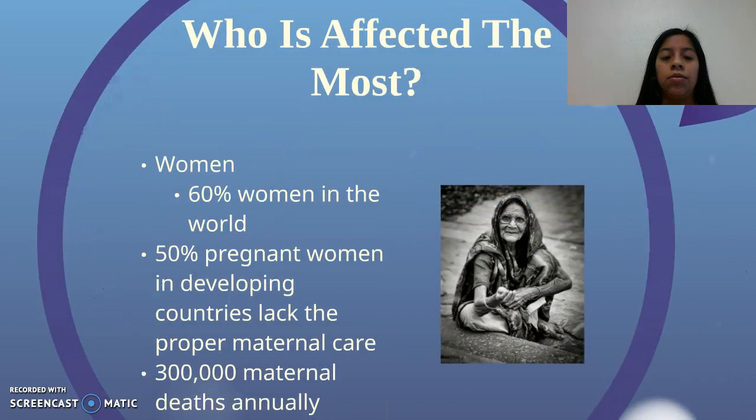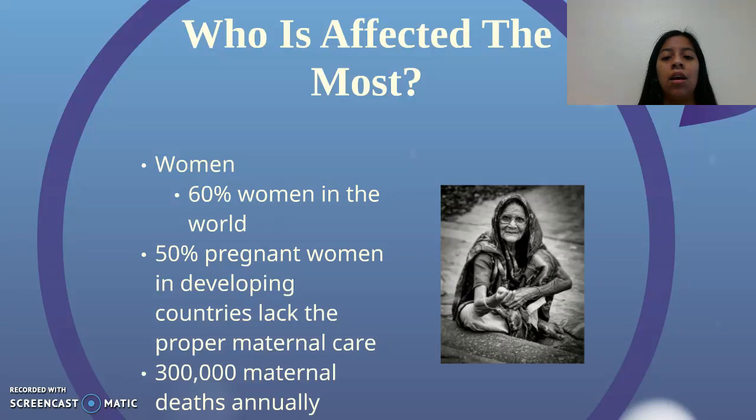Who is affected the most? Women and children are the two who are mostly affected. First, going into women, 60% of the women in the world die of hunger. 50% of pregnant women in developing countries lack proper maternal care.